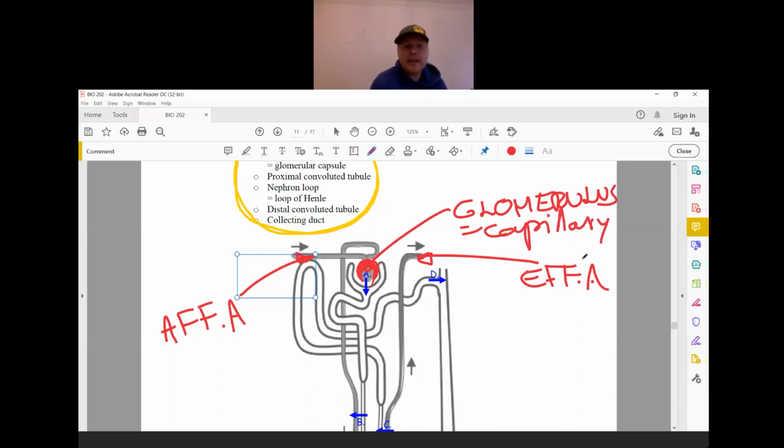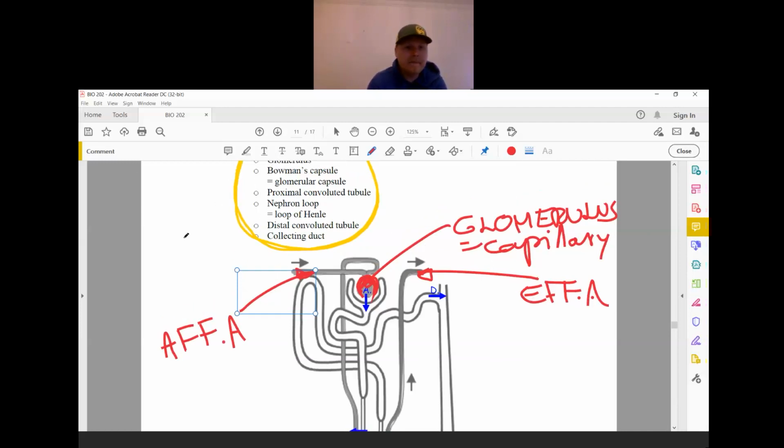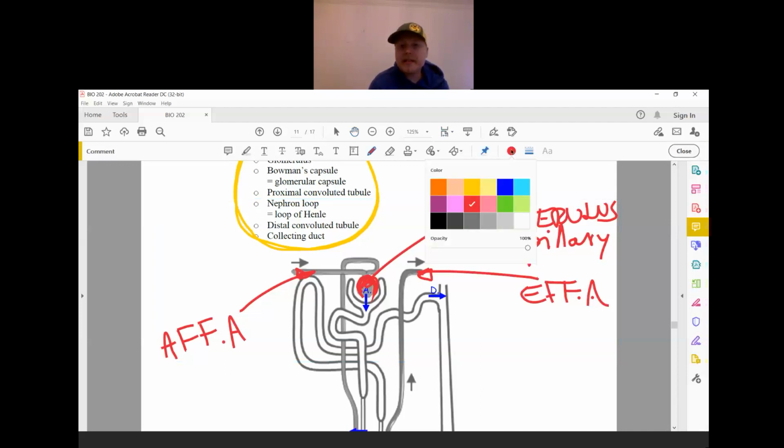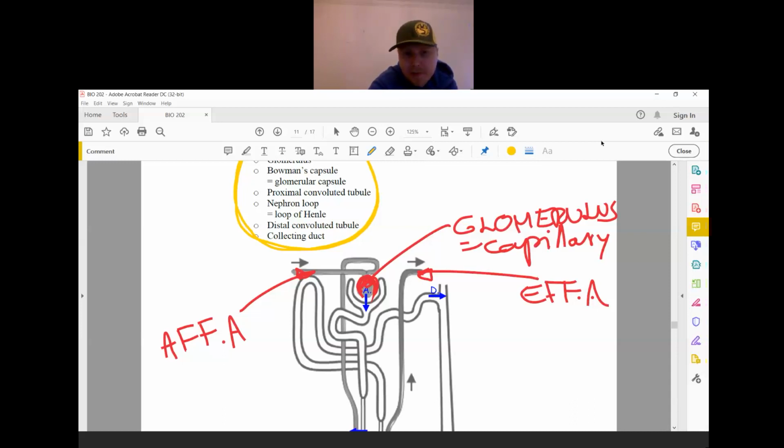And then I'm going to change the color of the pen. We can see our glomerular capsule, or some prefer to call it Bowman's capsule, surrounding the glomerulus.